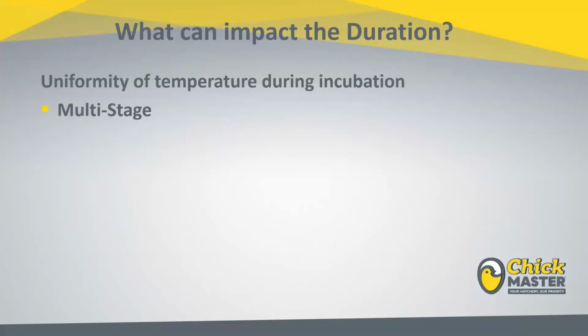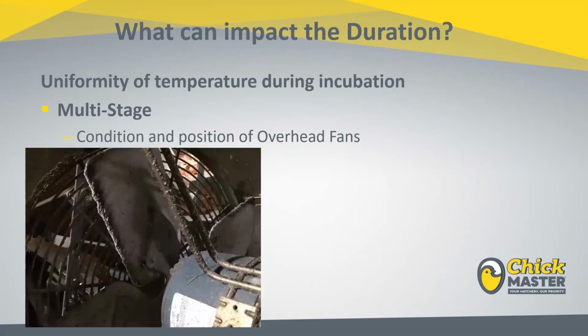So, uniformity of temperature during incubation, again with multi-stage, we also recognize that the condition and position of these overhead fans can also drive that duration. When we look at that, we see a lot of times with the older classics, the condition of the fan blades can be relatively poor.